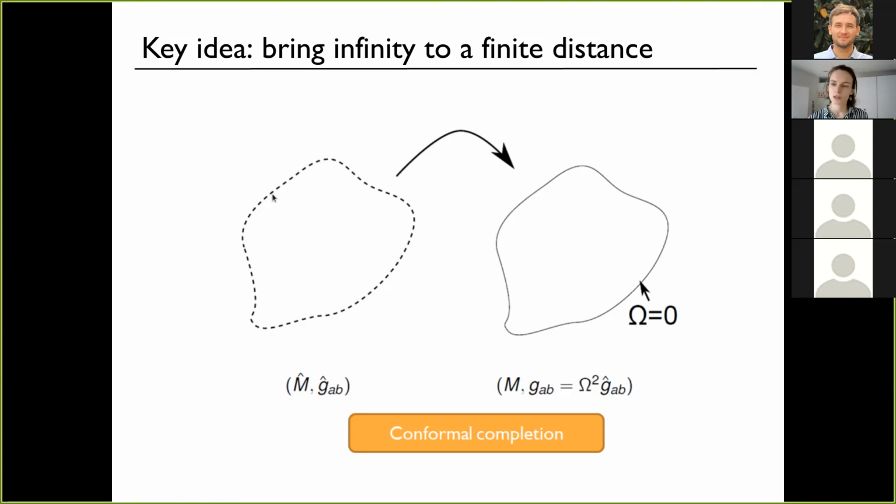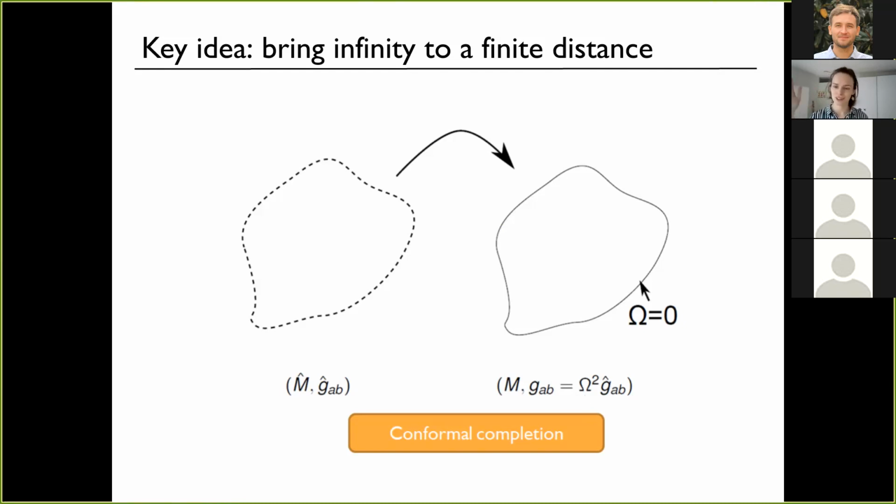Then of course the points r equal to infinity are not part of your spacetime because that's where your metric diverges. But what you can do is rescale your metric by a factor omega squared, where this omega you can just think of as being 1 over r. Then you'll see that this combination is perfectly well defined and smooth, also at omega equals 0. And omega equals 0, of course, corresponds to r equals infinity.